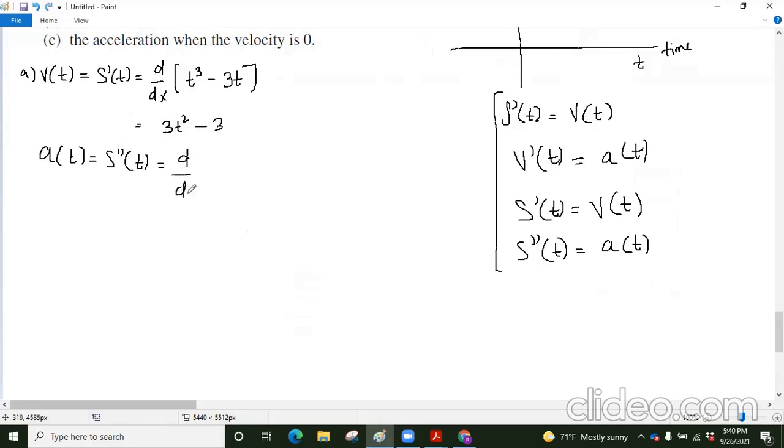So that's d over dt of 3t squared minus 3, which is 3 multiplied by 2t minus 0, because the derivative of a constant is 0, which is just 6t. So this is part A.